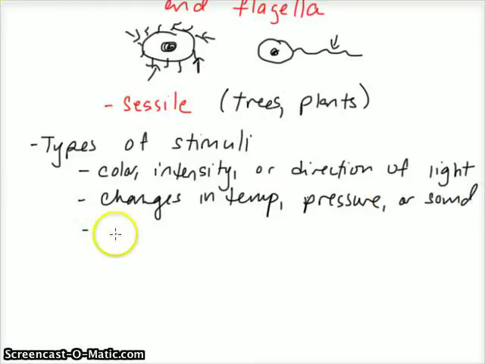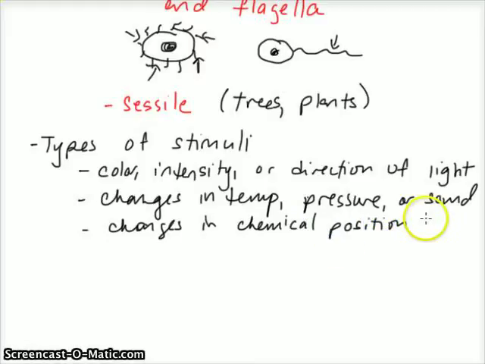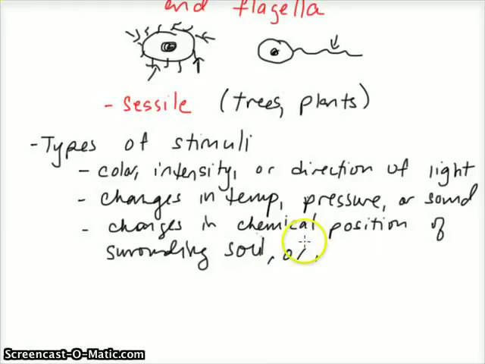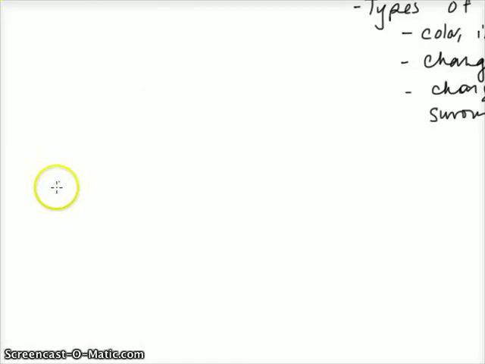And they also respond to changes in chemical composition of surrounding soil, air, or water. Okay, so the fourth criteria is reproduction.